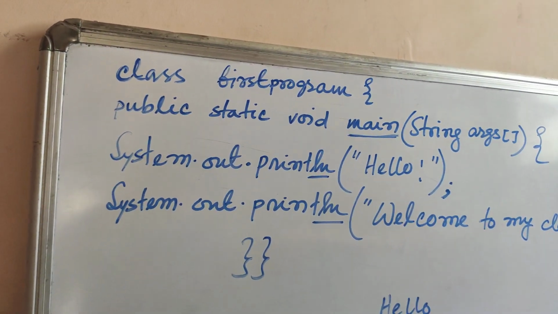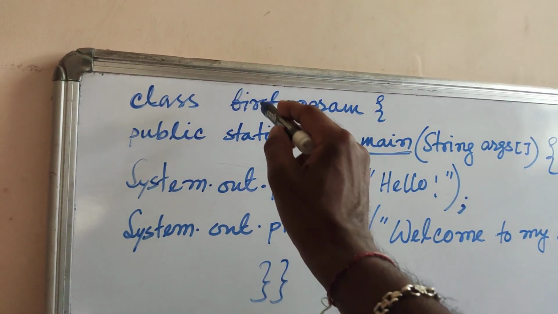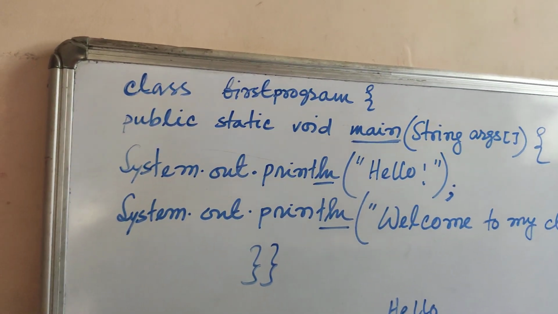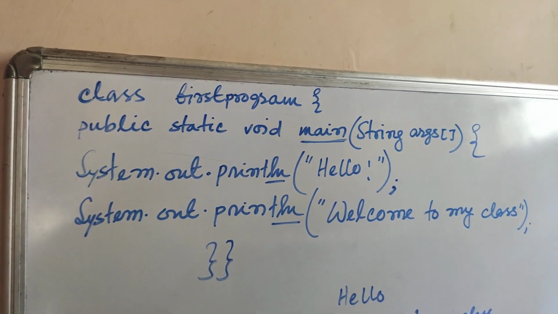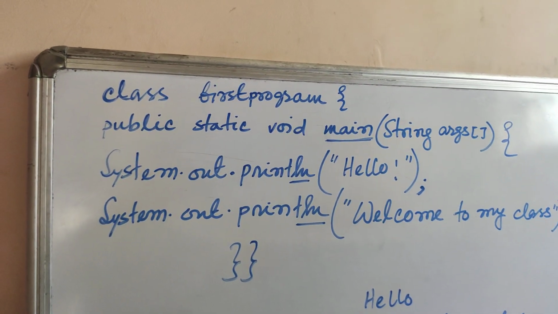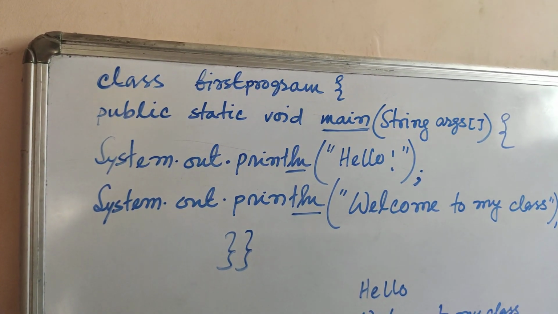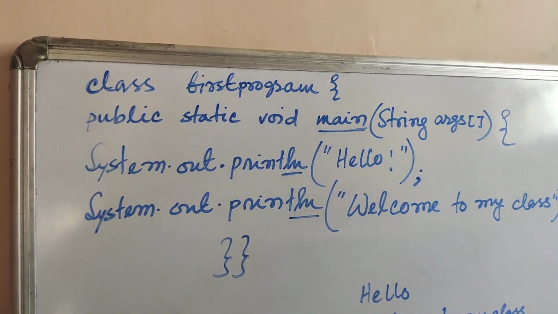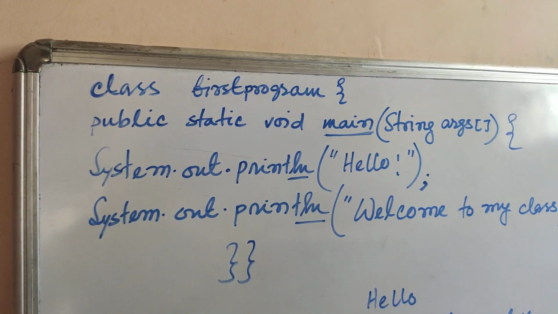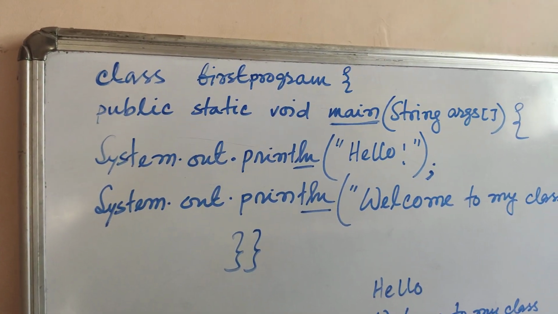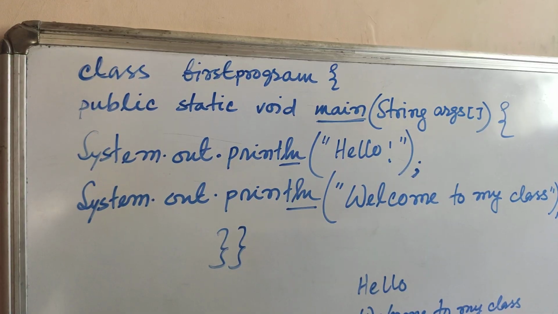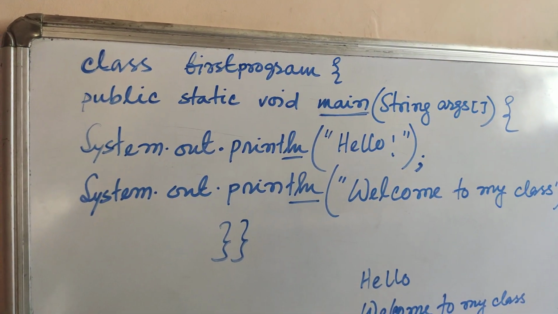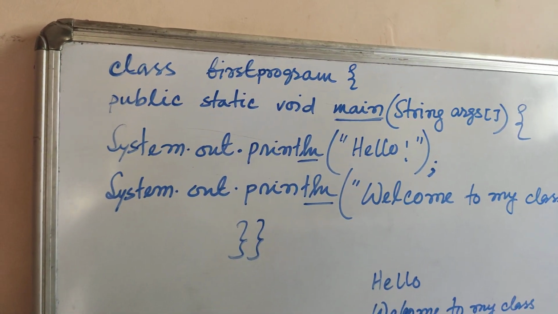For class name and function name, you cannot give any reserved word. You can use only the special characters underscore and dollar sign. No other special characters are used. Numbers you can use, but in the middle. Only the underscore and dollar signs are allowed. Other symbols are not used.